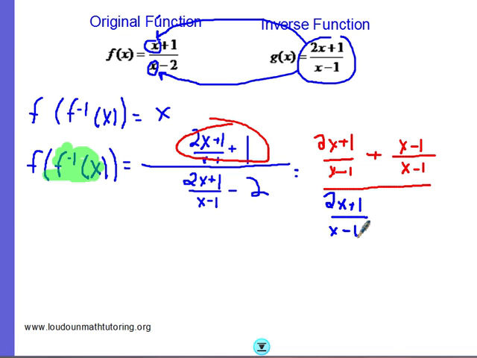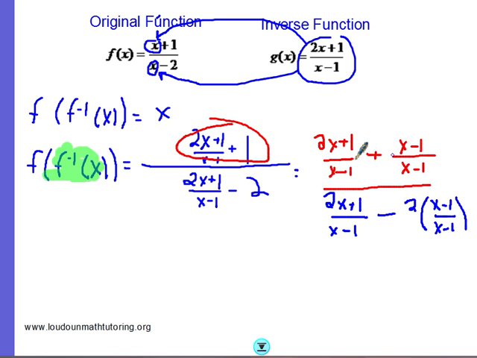Okay, so I already replaced x with the inverse function. I'm trying to simplify this. I'm going to have 2 times one, so I'm going to treat 1 as x minus 1 over x minus 1. So 1 times 2 would be this 2 here, and we have common denominators.